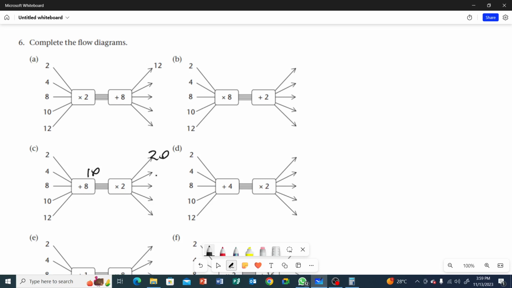Then you complete the rest. 2 times 8 is 16, 16 plus 2 is 18. So that's the procedure, guys. You are going to complete all these diagrams here. Remember, it is your practice.